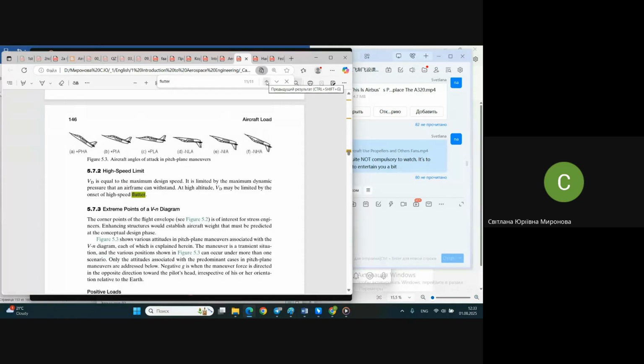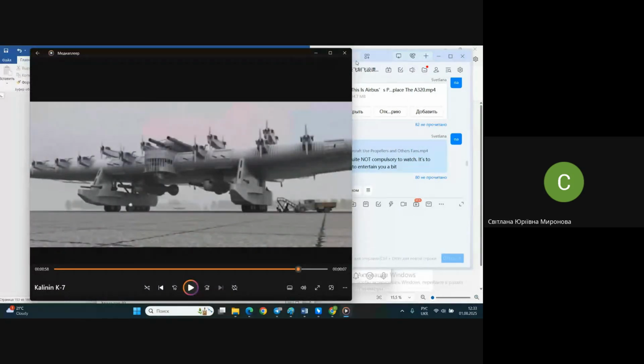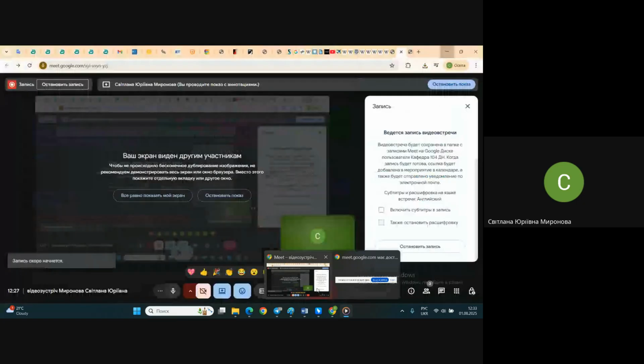Practically, it's not explained in this book, for instance, but in most books this word is mentioned from time to time without explanation, like a commonplace that everyone understands. And as I said, we have one more file, aerodynamical flutter.